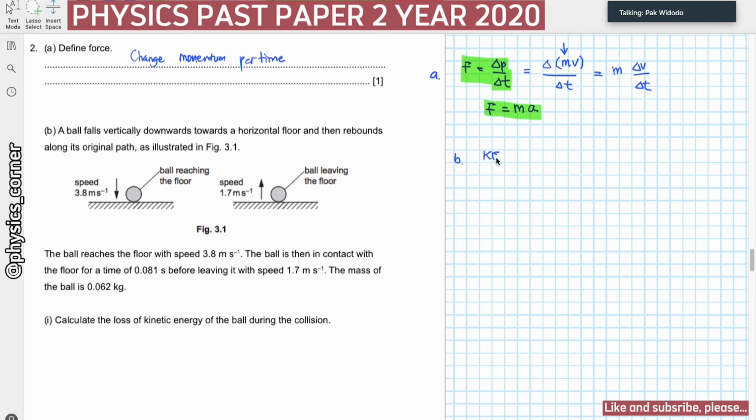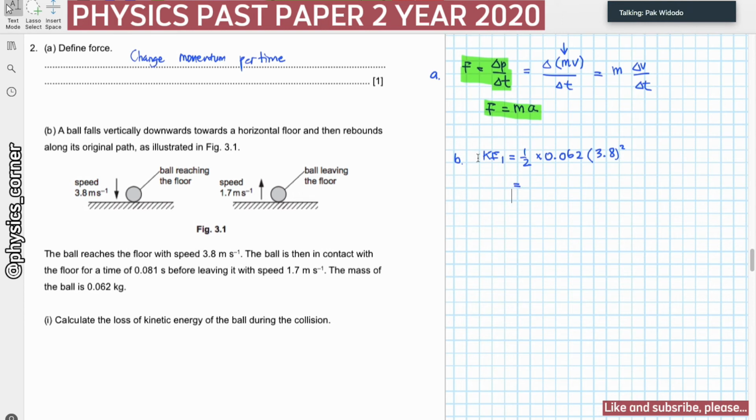Kinetic energy first: kinetic energy is a half m v squared. The mass of the ball is 0.062 kilogram, times velocity 3.8 squared.